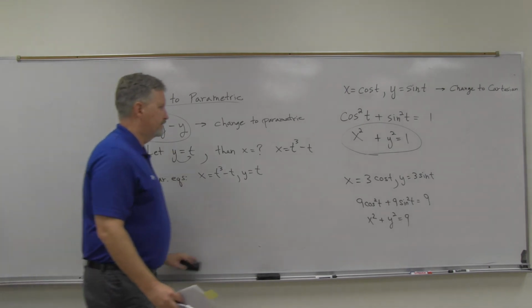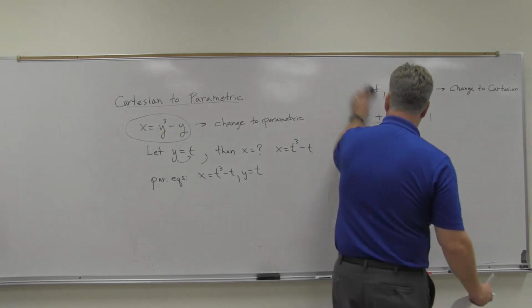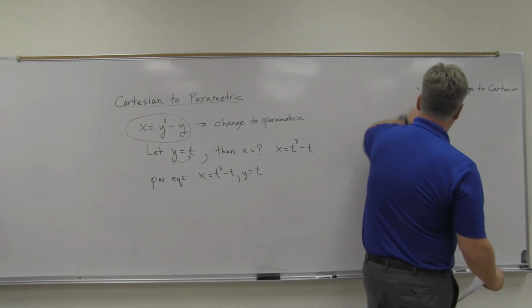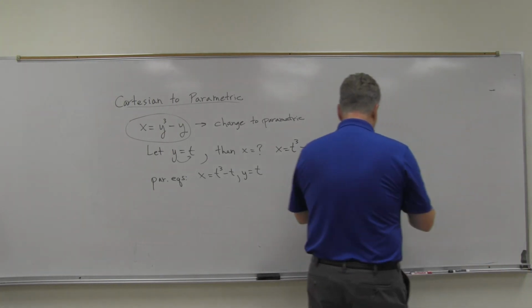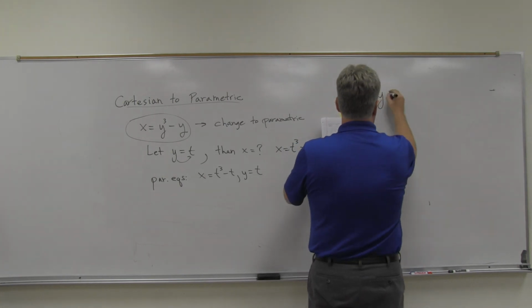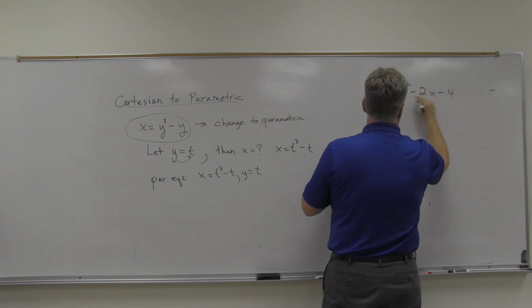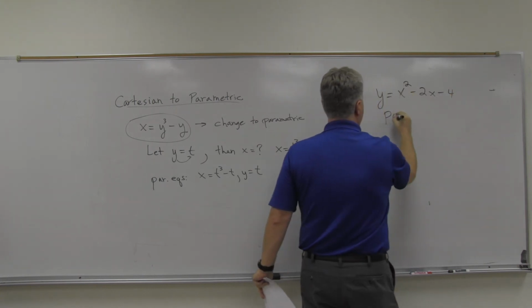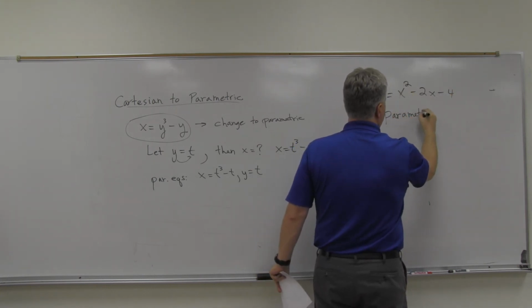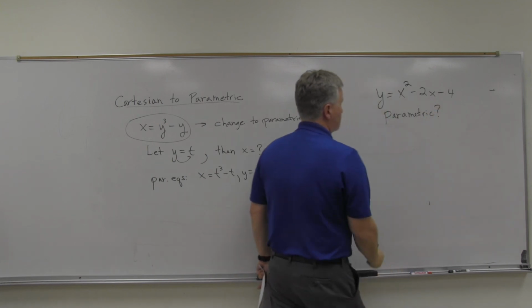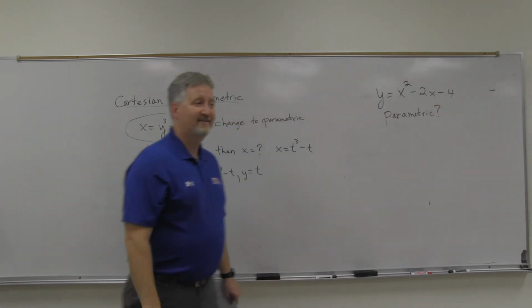And then if you got it the other way, so you got y equals x squared minus 2x minus 4, and you want parametric for that. What are you going to do there? Which one are you going to let be t?